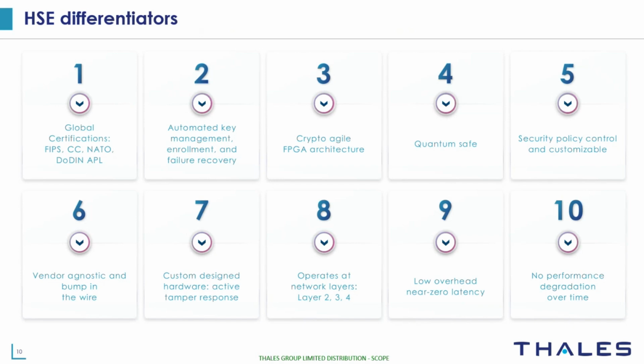This is very important, especially when we talk to the network admins responsible for any media transmission. So when latency really plays a role, and as I said, nearly no performance degradation. This low latency and no jitter is really an outstanding feature of our HSE on the market, compared to other network encryption technology like MACsec or IPsec, for example.